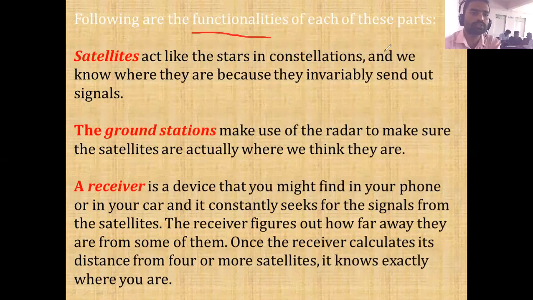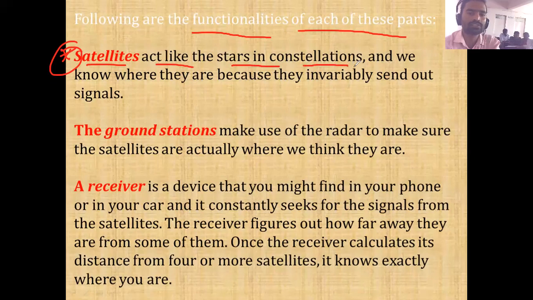Following are the functionalities of each of these parts. First, satellites. Satellites act like stars in constellations, and we know where they are because they invariably send out signals. A constellation is a group of stars.